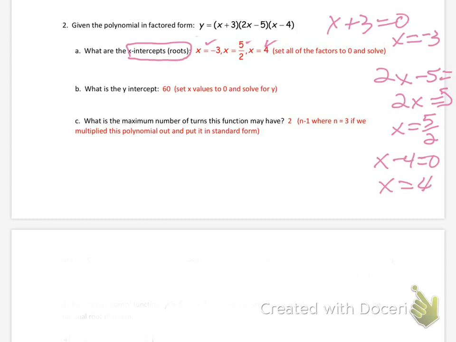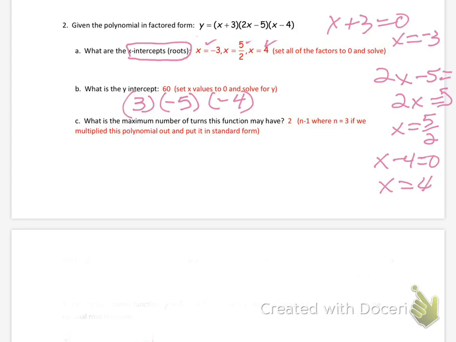For it to cross the y-axis, all your x's are going to be 0. So what you're going to have is your first factor becomes just a 3. Your second factor becomes a negative 5. And your last one becomes a negative 4. That's by setting all the x's to 0.